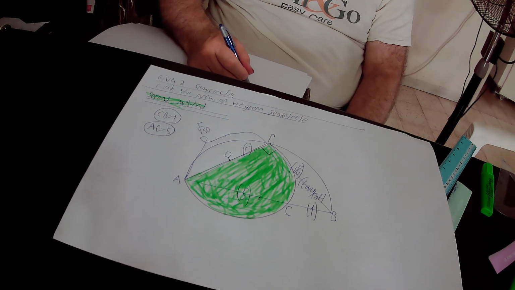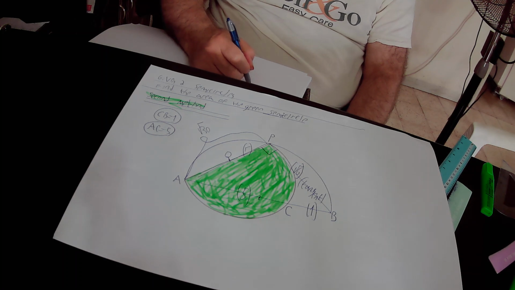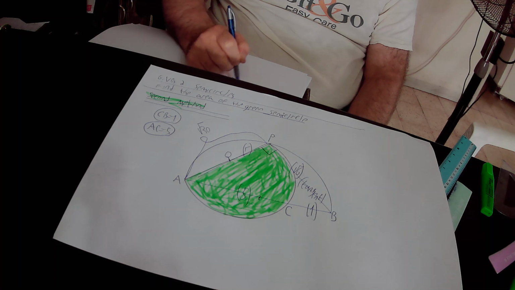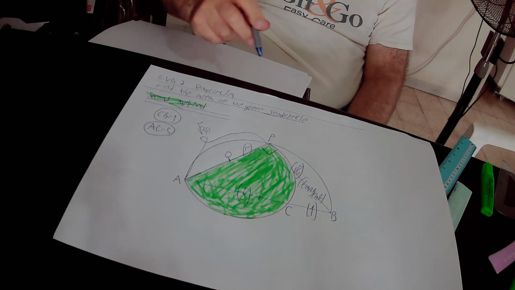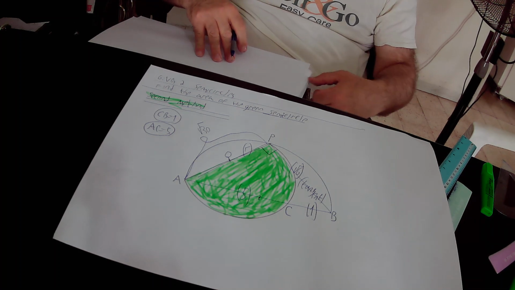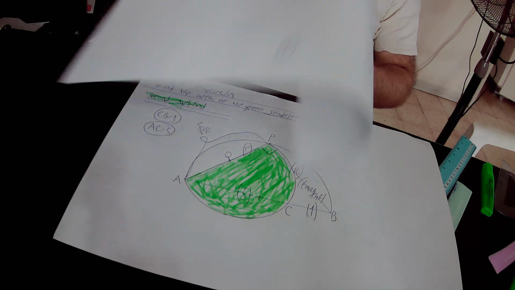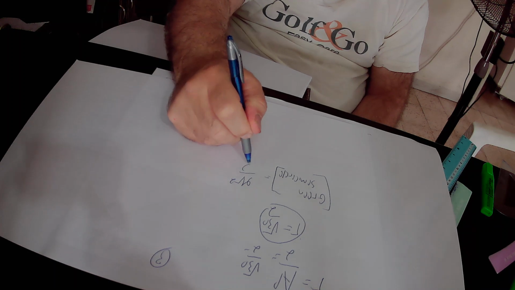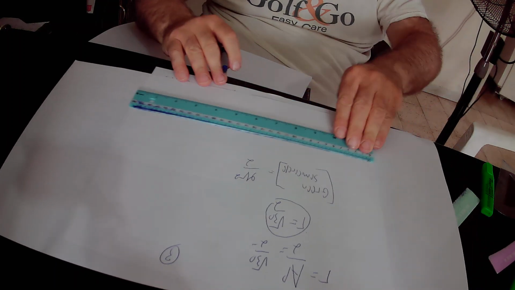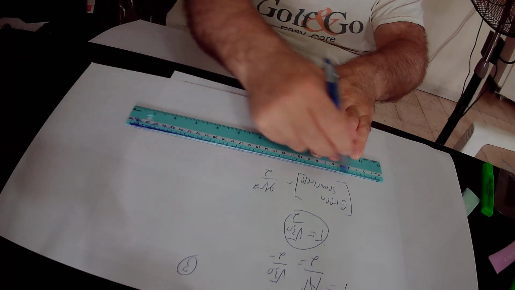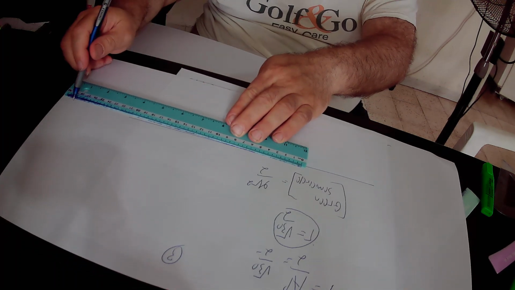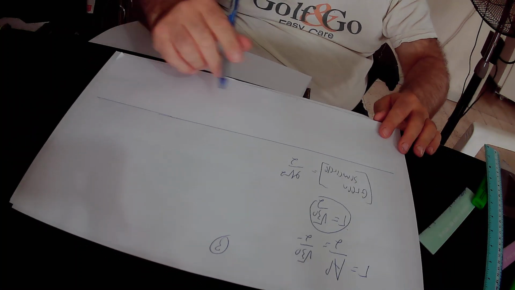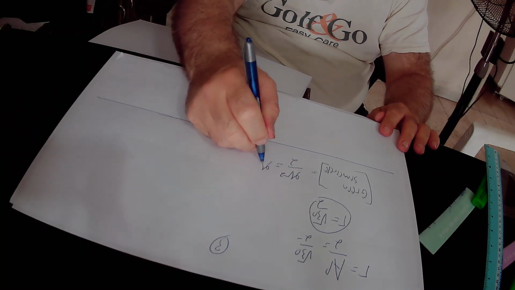So the area of the green semicircle is equal to pi r squared over 2. So the area of the green semicircle equals pi.